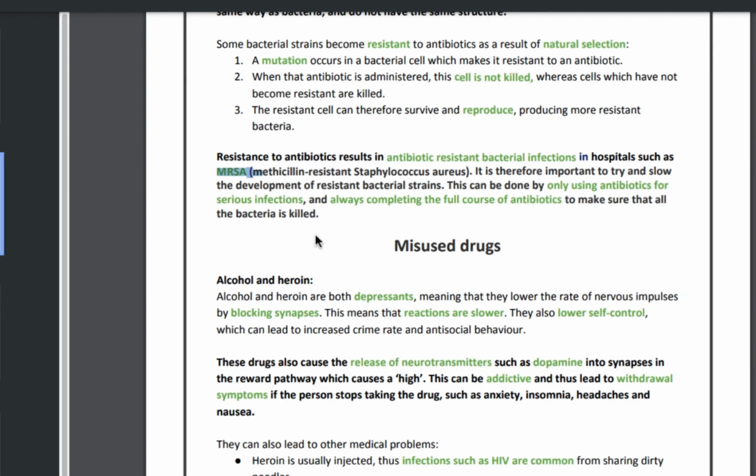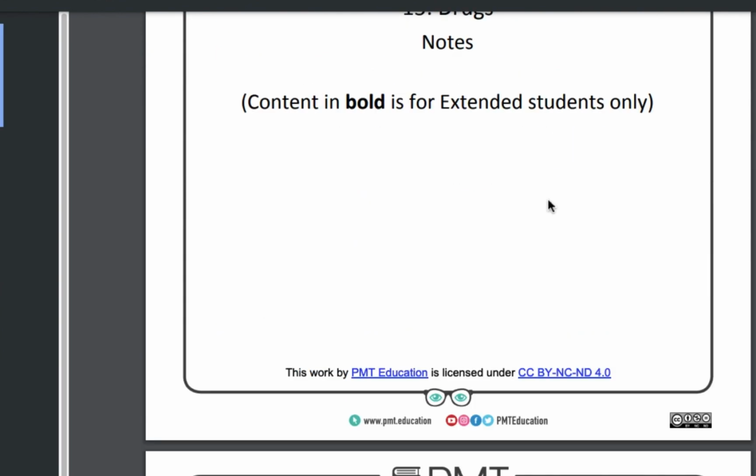If you just stop because you feel well, the antibiotics will kill some of the bacteria, while other bacteria will remain alive. And then they will grow and become resistant. And when they become resistant, they become MRSA, resistant bacteria. And then in this case, when you fall sick again, you have to be admitted to hospital. Now, these are the good uses of drugs.